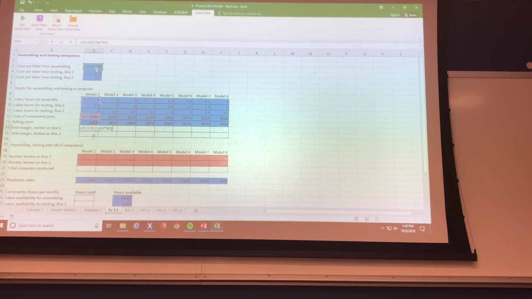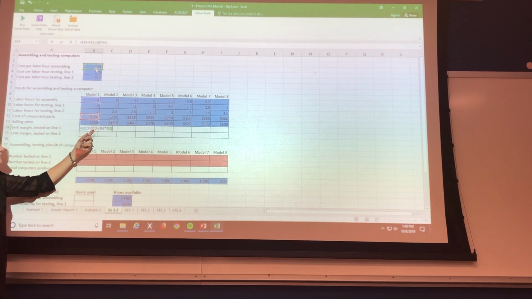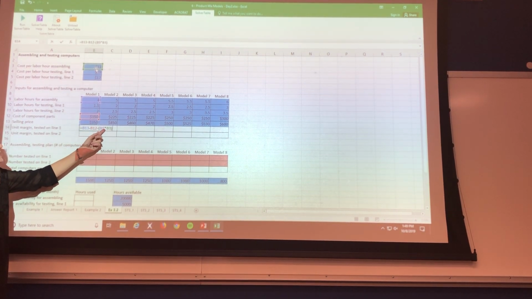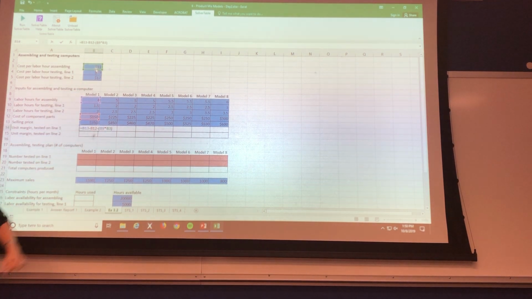So we take the selling price, subtract out the component part cost, then the assembly cost, 4 hours at $11 an hour, and then we would subtract what else? The testing on line 1, which would be the 1.5 hours you see in B10 times $19 an hour.